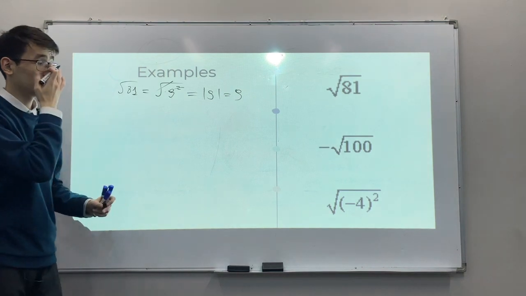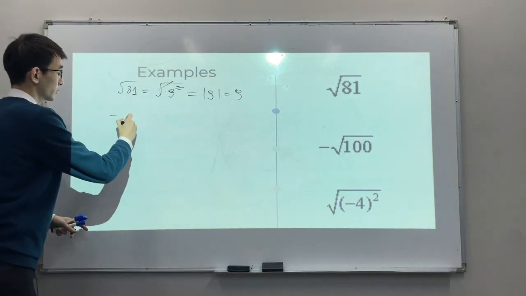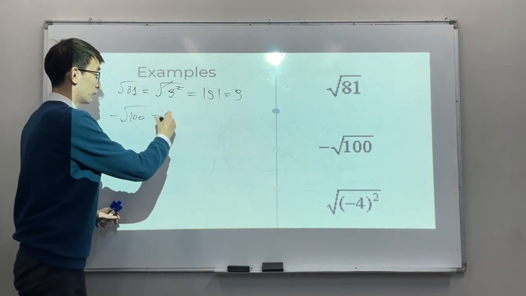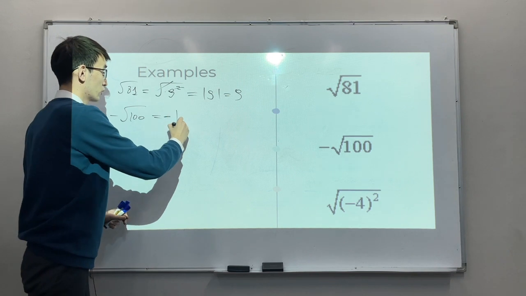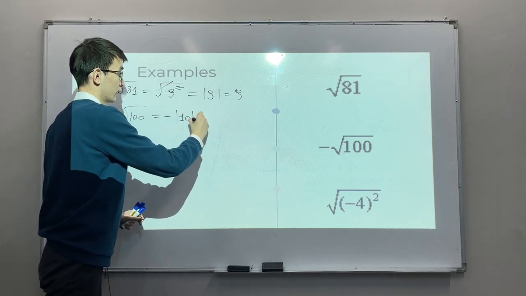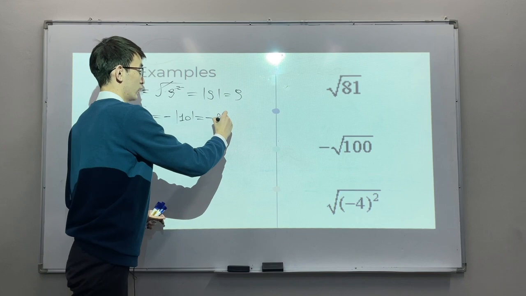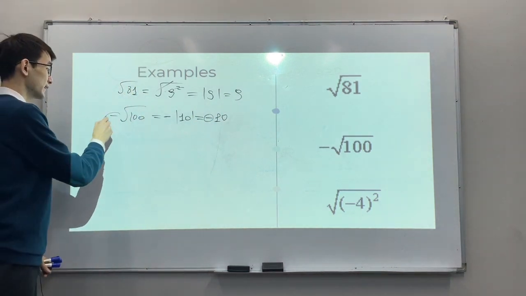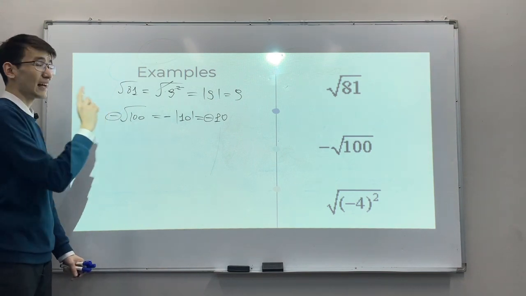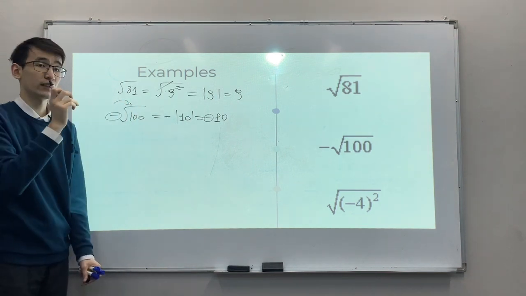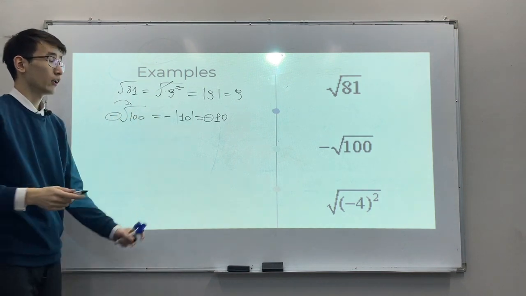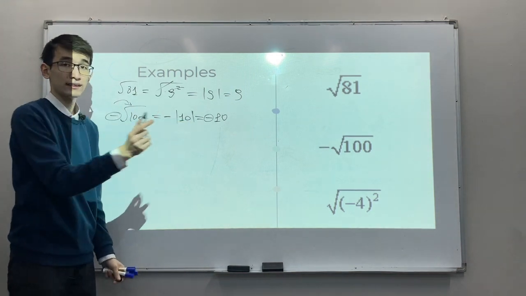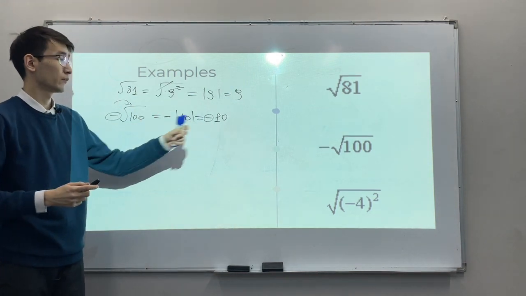The next example is minus square root of 100, which is equal to minus modulus 10, and we get minus 10. Why minus? Because this minus doesn't relate to the square root, that's why behind the absolute value we put this minus and get minus 10.